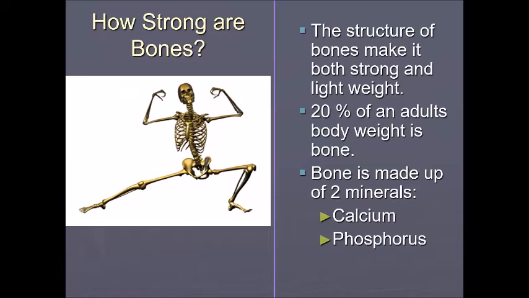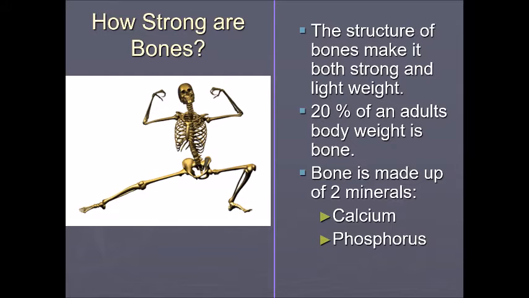Some of the characteristics of bones is that it's a very strong and lightweight material. It's very hard to break a bone. It requires a lot of force to break a bone. The reason why bones are so strong is because they have to support the weight of our body, so they can't be fragile. In addition to them being strong, they're also very light.